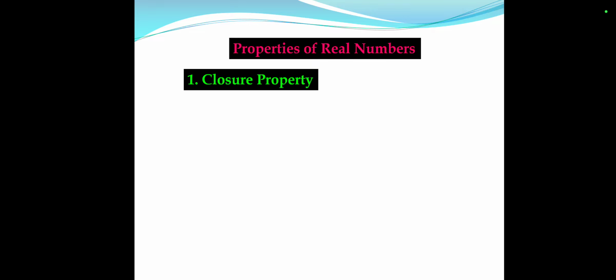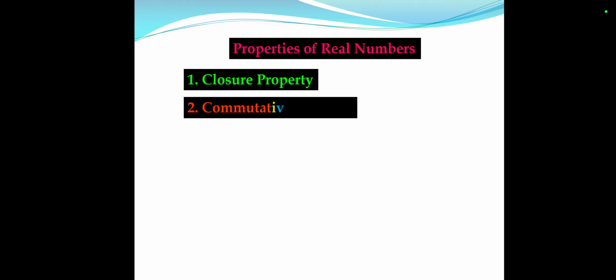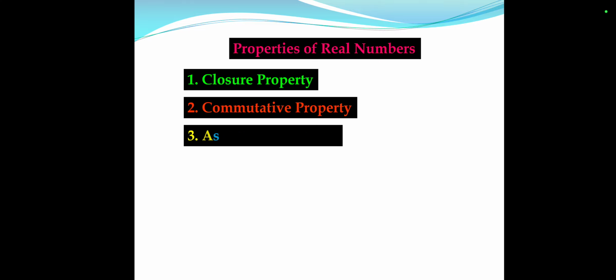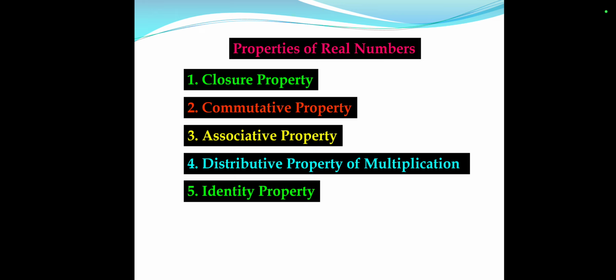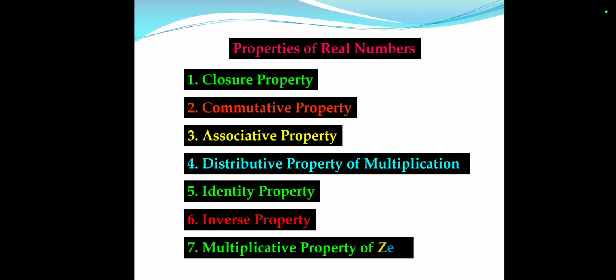So let's start the different properties of real numbers. We start with the closure property. We also have the commutative property, associative property, distributive property of multiplication, identity property, inverse property, and the multiplicative property of zero. There is also another name for that later.